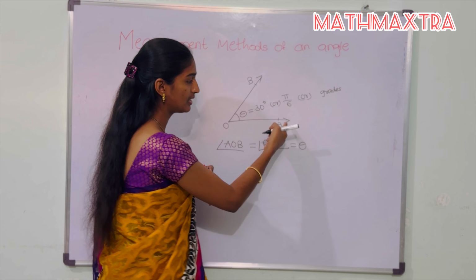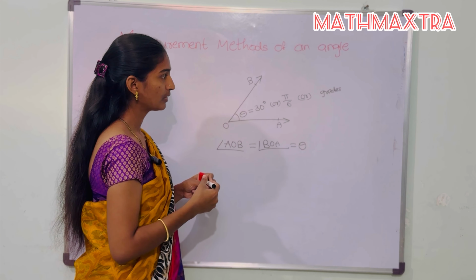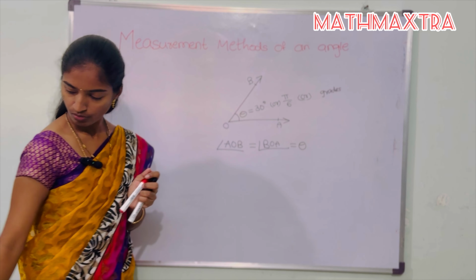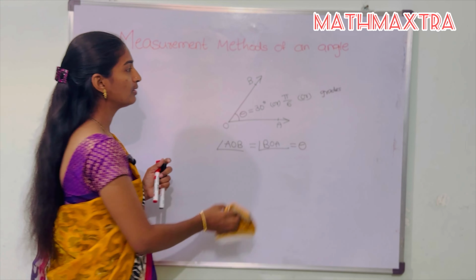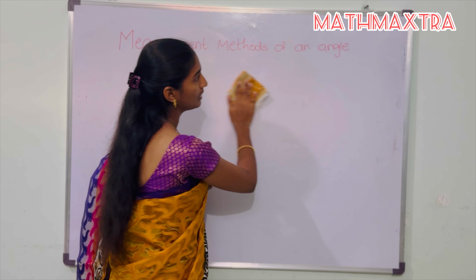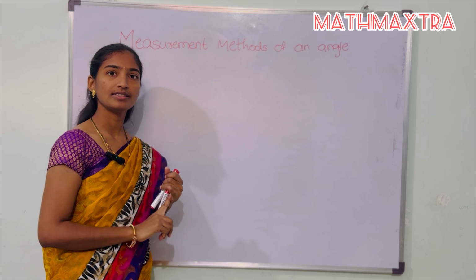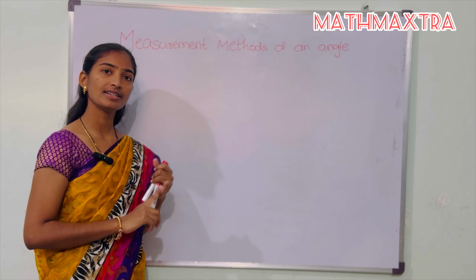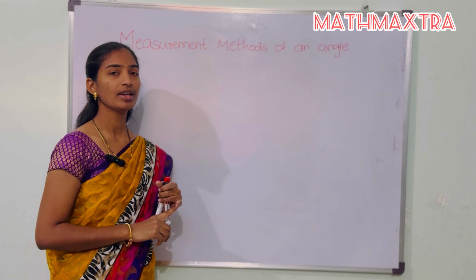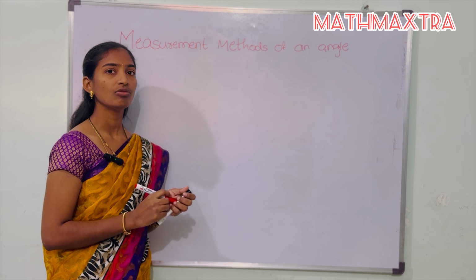Now we'll see the three different methods of measuring an angle: the sexagesimal system, the second is the centesimal system, and the third is the circular system. We'll see one by one.